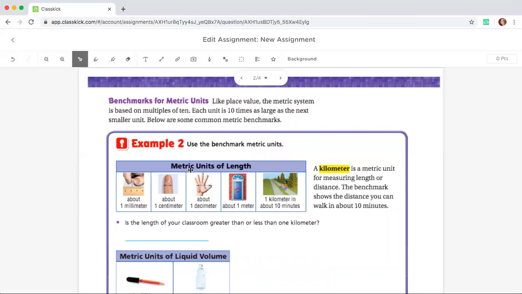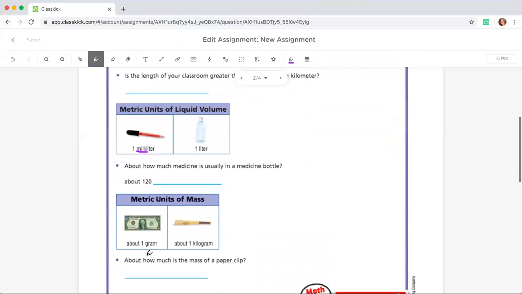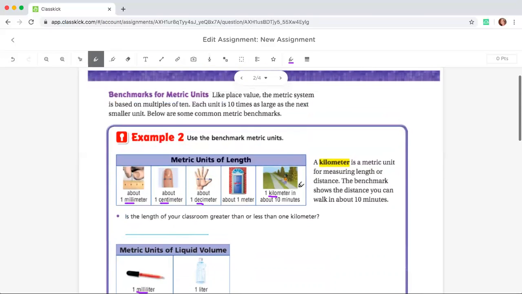They are all in base 10 units, and the prefixes that go before the terms, like milli, centi, deci, or kilo, stay the same no matter how you're measuring things, which really helps you to figure out how much the weight of it is, how much the volume of it is, etc. And it also helps you to change from one to the other easier.